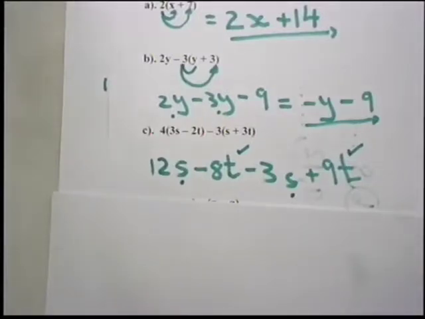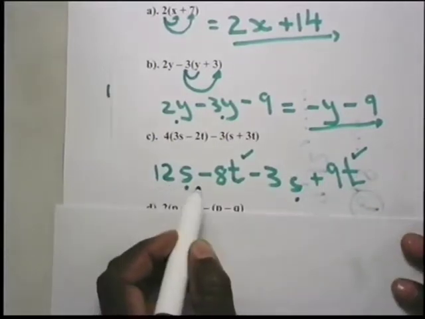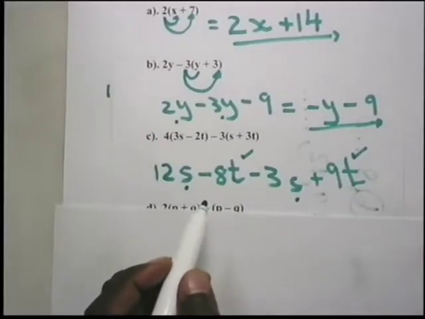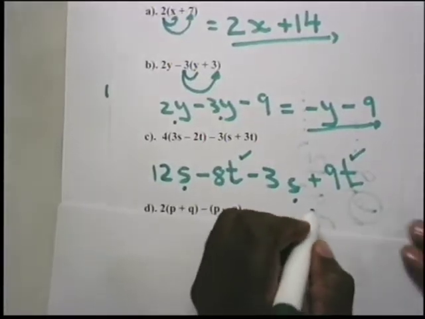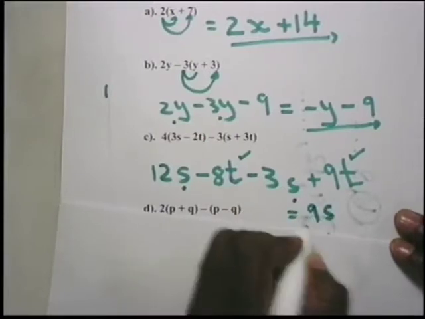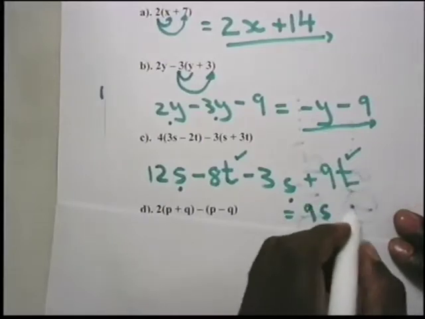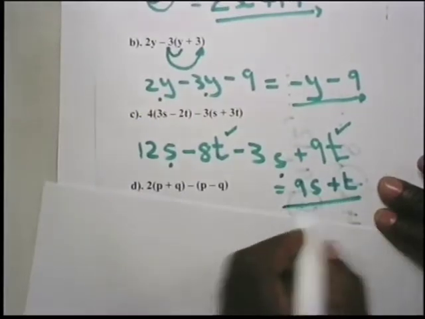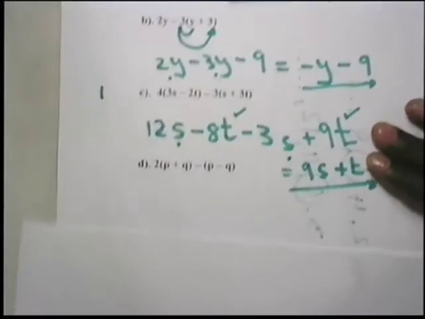So then that will generate a final answer of 12 minus 3s. 12 minus 3 is the first part that we have, producing 9, meaning it will be 9s. And then we have negative 8 plus 9t, it will be plus t. So our final answer will be 9s plus t for the given problem there.